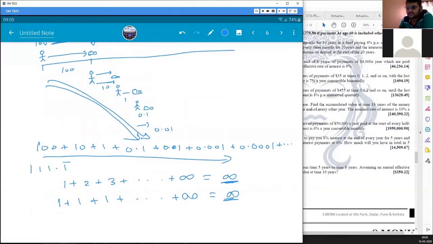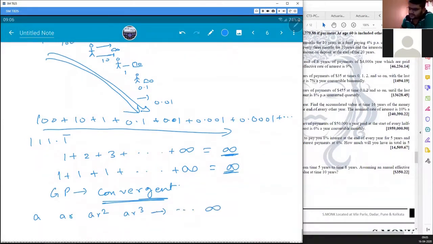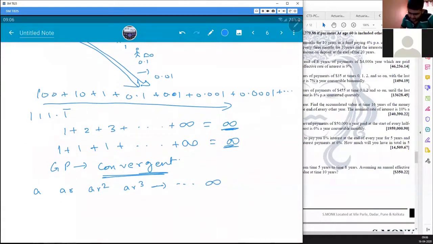But we have some series called convergent series, and one of them is geometric progression. Geometric progression is a convergent series. So whenever we have a convergent series, we can find the addition of infinite values. Like in this case, if I say a, ar, ar square, ar cube, and so on, if I go till infinite terms, this is my GP.